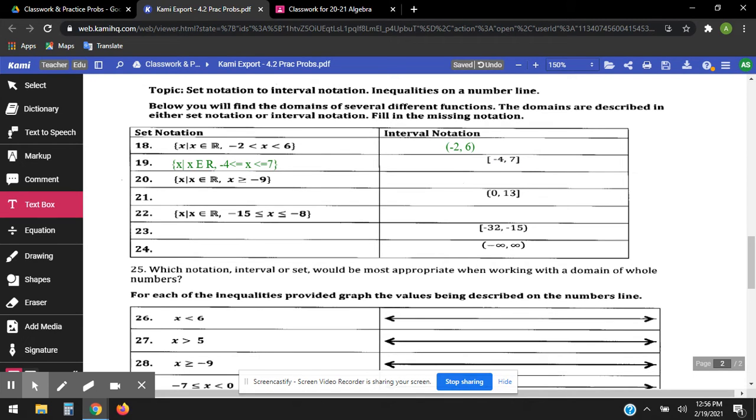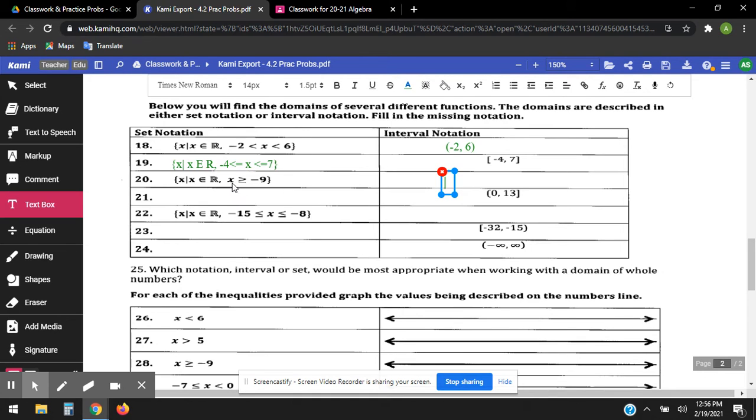Let's jump down to this one since we have one parenthesis and one bracket. Actually, we'll go ahead and do this one first because we only have one number in here. So I know that I'm going to use all real numbers, and it says x is greater than or equal to -9.